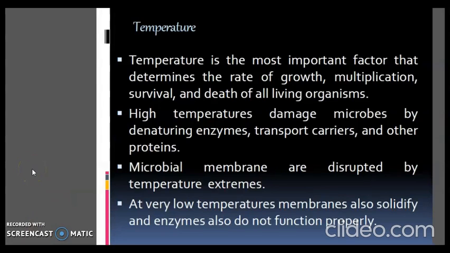The next factor that affects the microbial growth is temperature. Temperature is the most important factor that determines the rate of growth, multiplication, survival, and death of all living organisms. Microorganisms are usually unicellular and their temperature varies with that of the external environment.